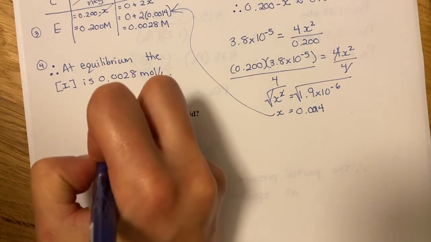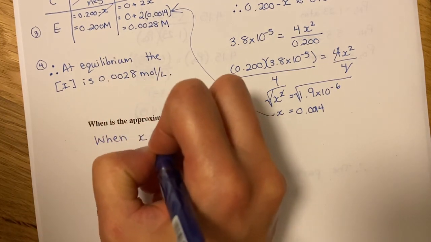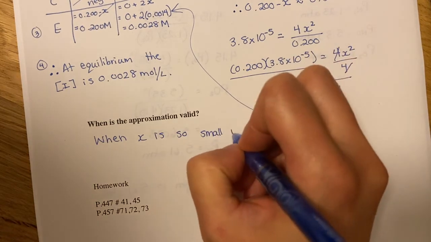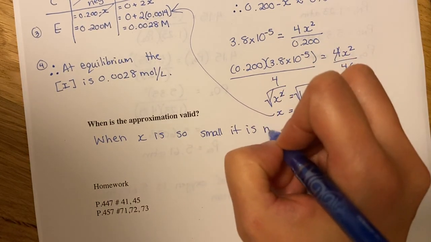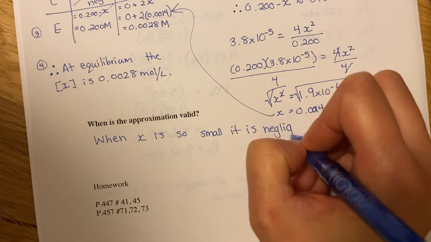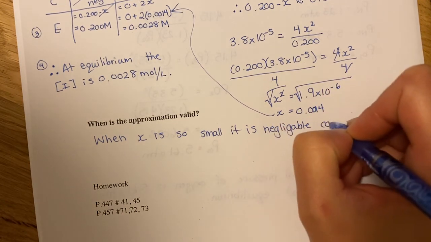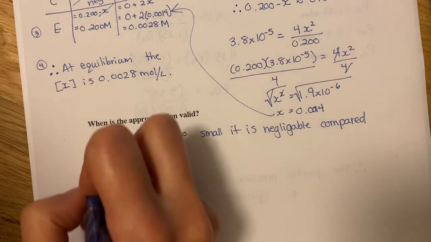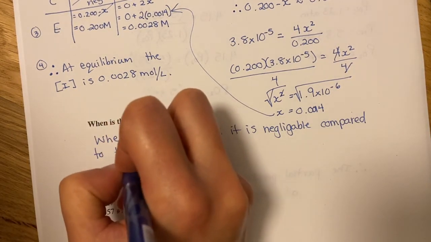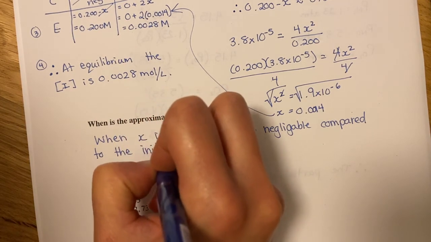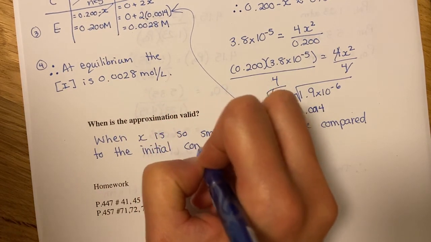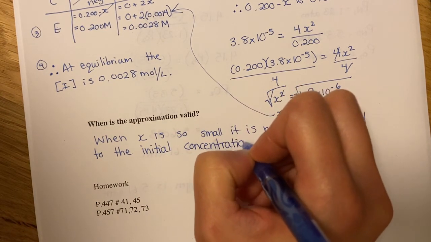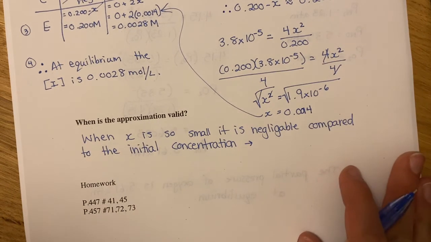It's valid when x is so small, okay, it is negligible compared to the initial concentration, which is basically told to us by what KEQ is.